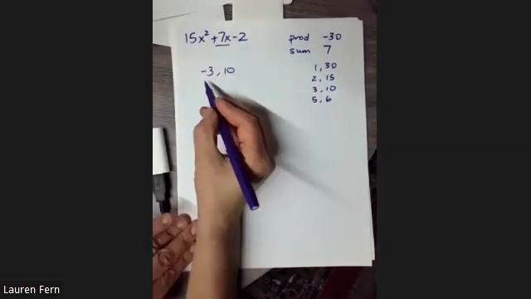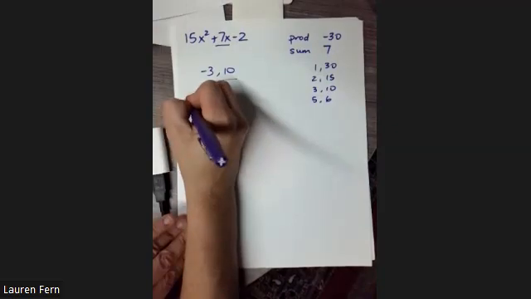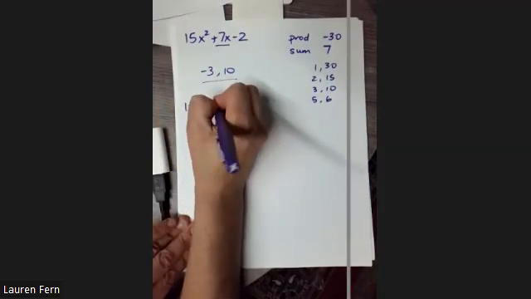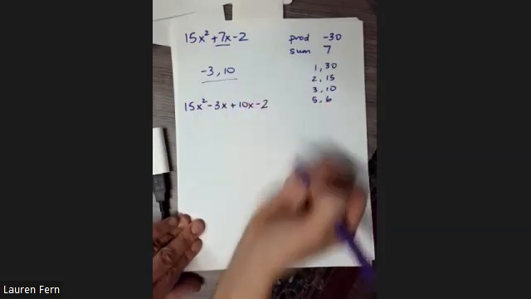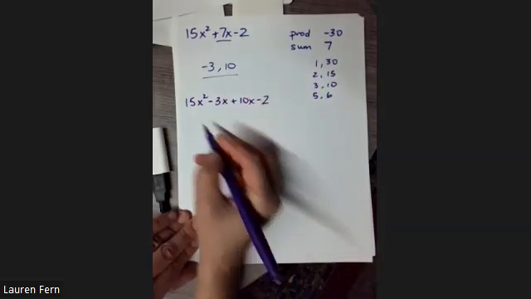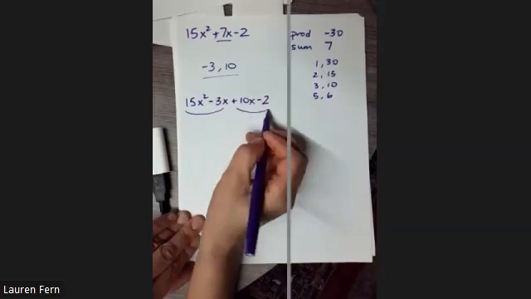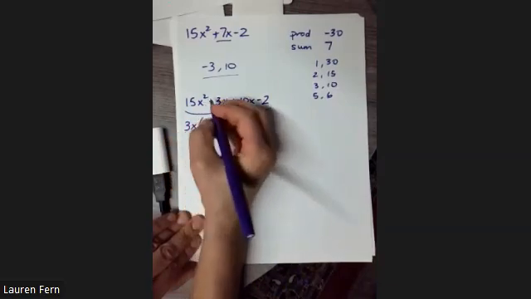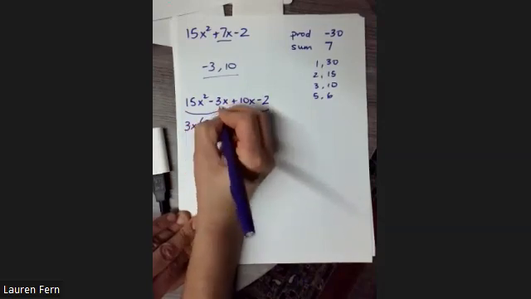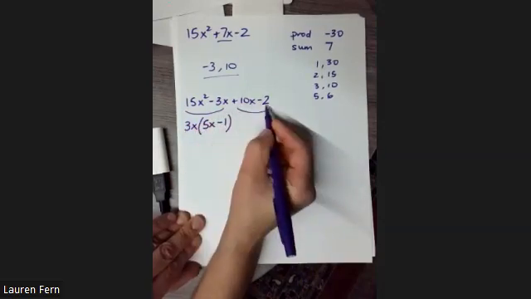So I'm going to rewrite my middle term using those numbers. So 15x squared minus 3x plus 10x minus 2. Now I factor by grouping. I can pull a 3x out of my first group, and I'm left with 5x minus 1.